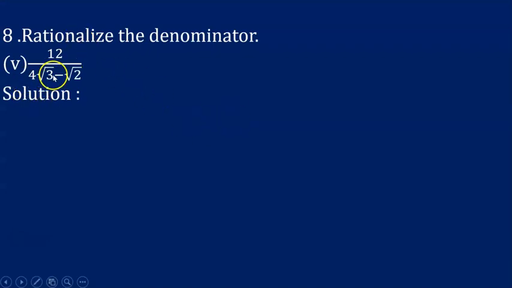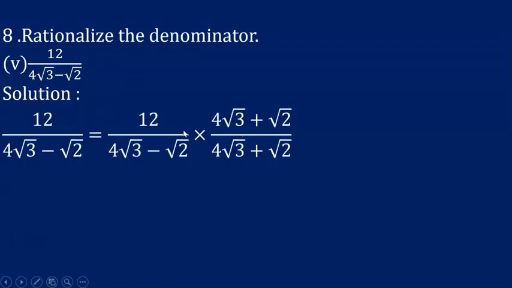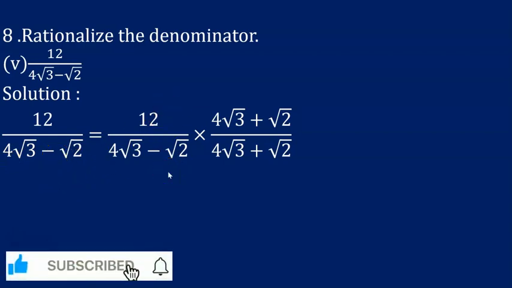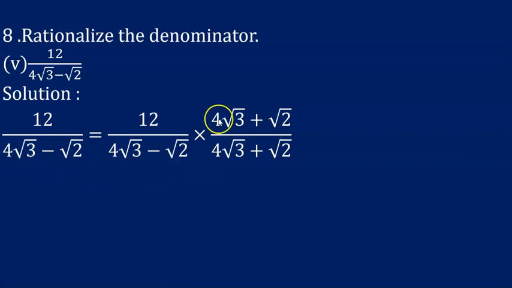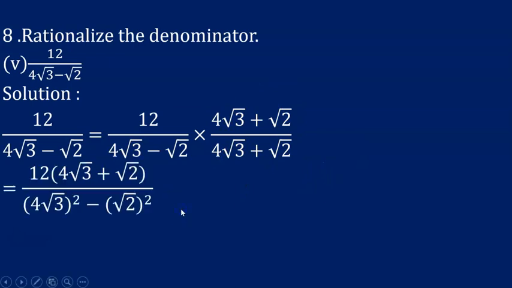12 upon 4 root 3 minus root 2. Now again multiplied the rationalizing factor of 4 root 3 minus root 2 to the numerator and the denominator. Therefore, the rationalizing factor is a 4 root 3 plus root 2 multiplied here numerator and the denominator. Then you will get to the numerator 12 in bracket 4 root 3 plus root 2.